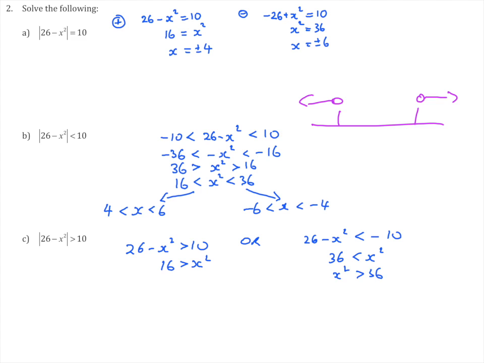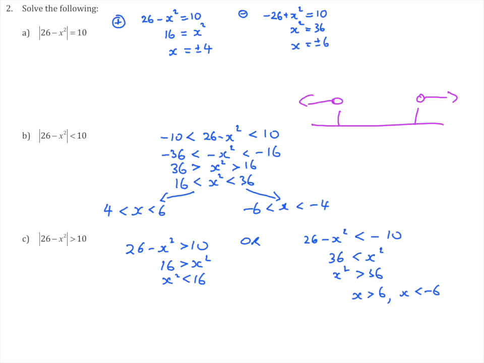Now what numbers provide x squared being greater than 36? Well, all numbers bigger than 6 and all numbers less than -6, because -7 squared, -8 squared gives answers bigger than 36. Now, what numbers, when you square them, give answers less than 16?